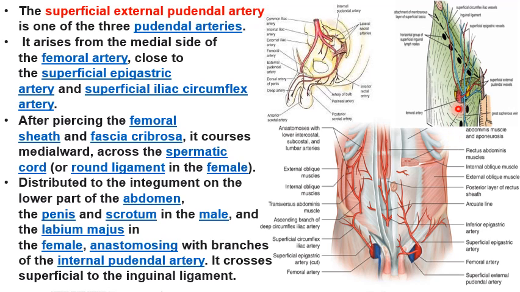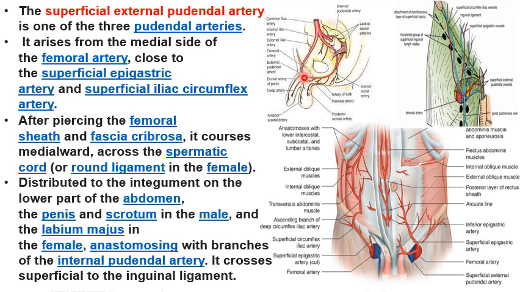Here in this diagram also you can see this one which is going medially is the superficial external pudendal artery, which goes in front of the spermatic cord. To come out, it has to pierce the femoral sheath as well as the fascia lata. This is the internal pudendal, which gives branches to the penis as the dorsal artery of the penis and the posterior scrotal arteries.